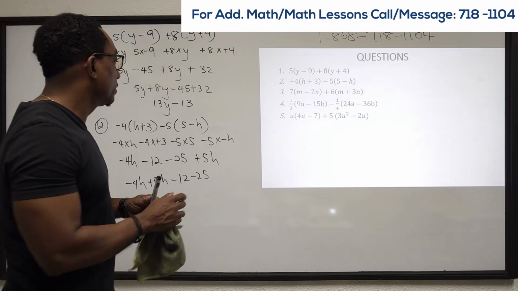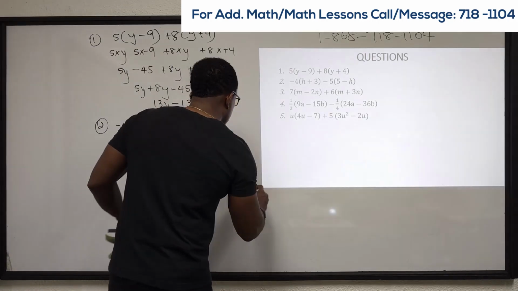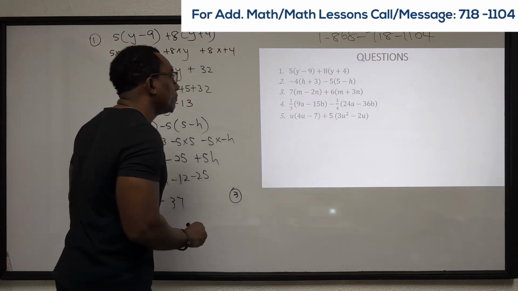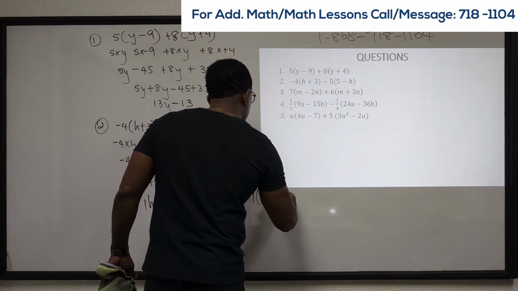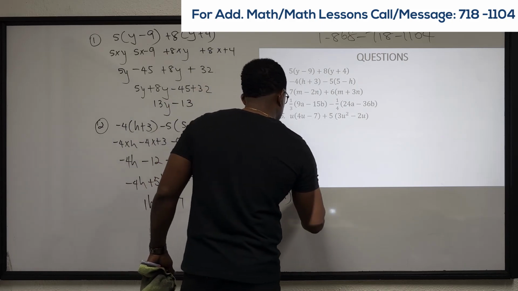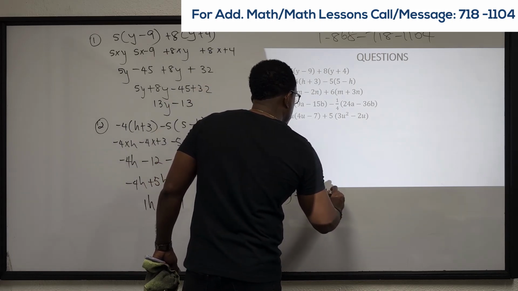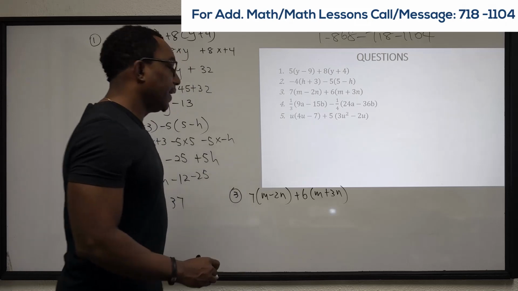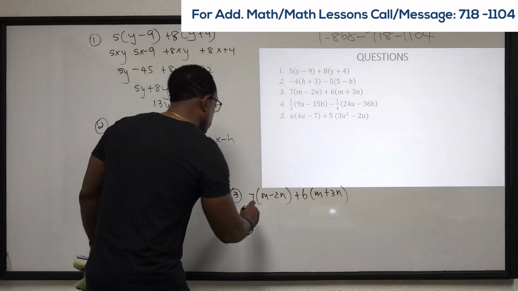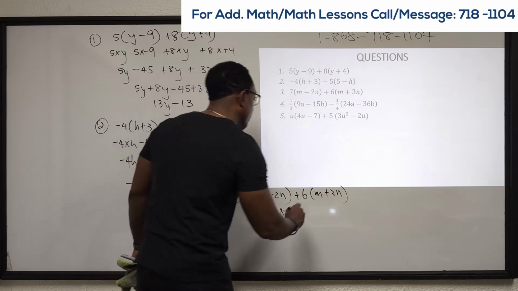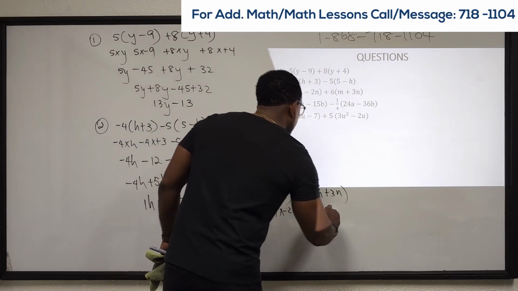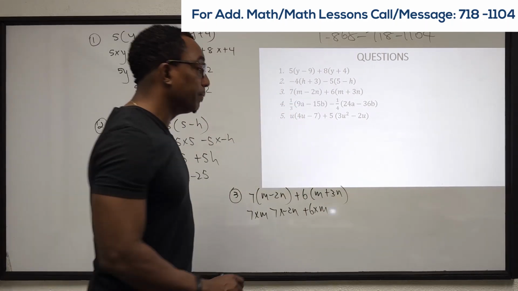So let's look at question 3. So we have 7 into m minus 2n plus 6 into m plus 3n. Again, removing brackets, we know what we have to do. 7 by m, 7 by negative 2n, plus 6 by m, and plus 6 by plus 3n.